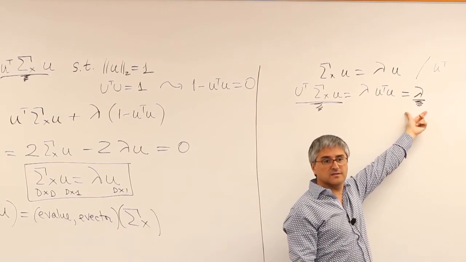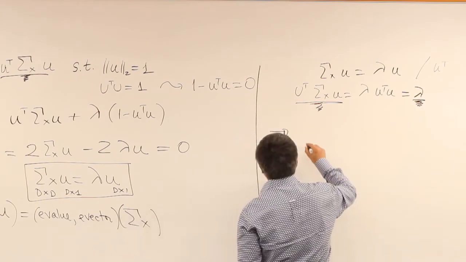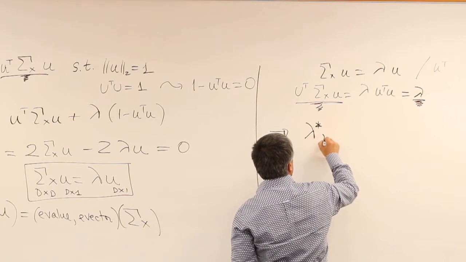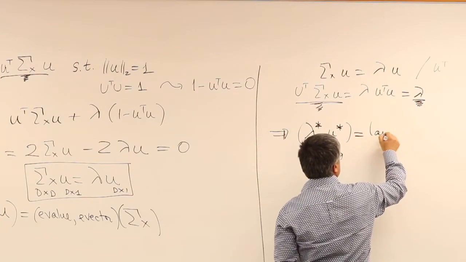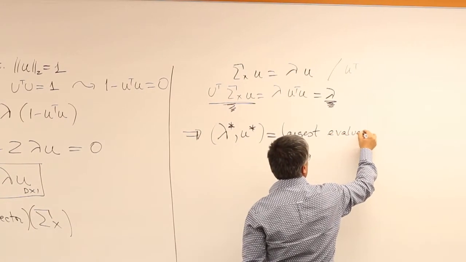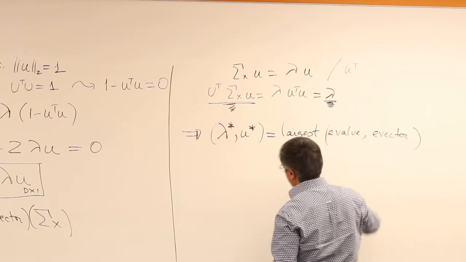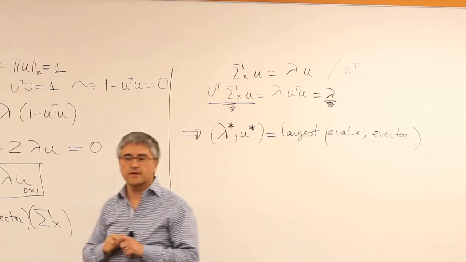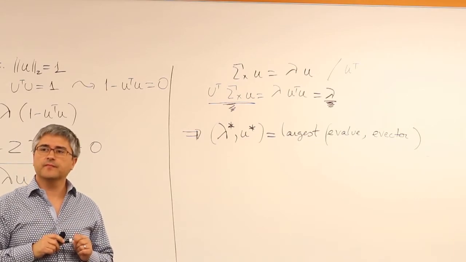The biggest. So lambda star, U star, is the largest eigenvalue and eigenvector. Okay. Good.